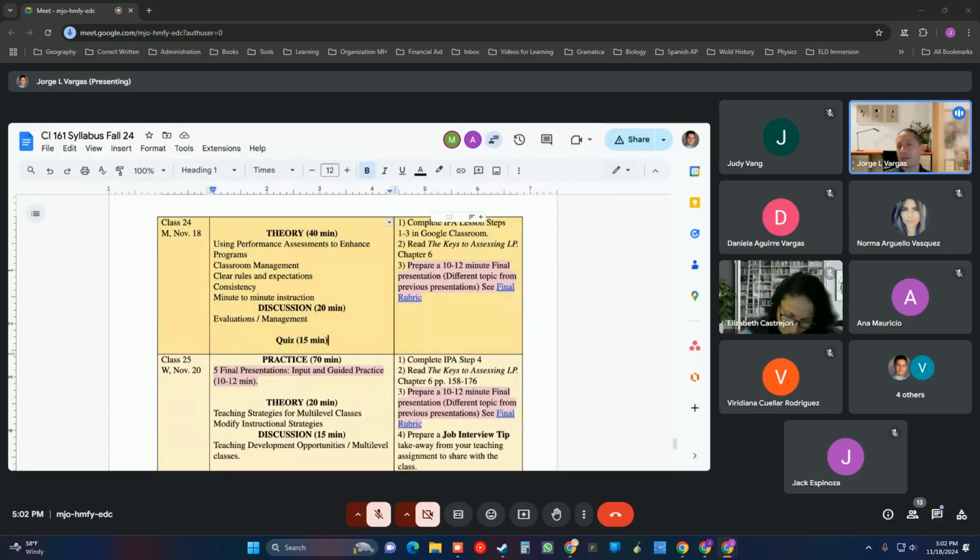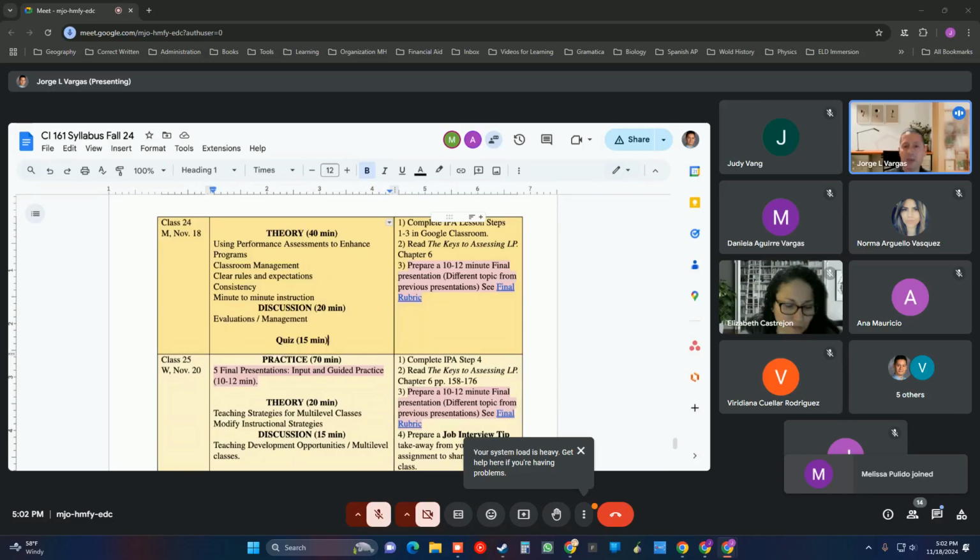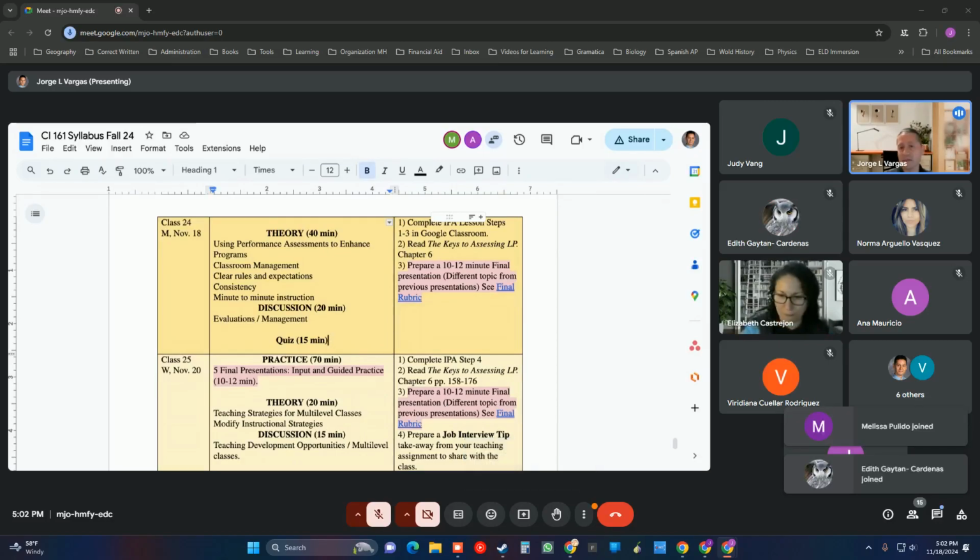Also, you'll be in charge of reading the last chapter of our textbook, The Keys to Assessing Language Proficiency, Chapter 6. Complete your reading summary, which will be the last reading summary of the semester as well. So have that ready by Monday.